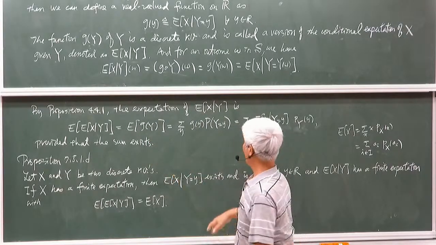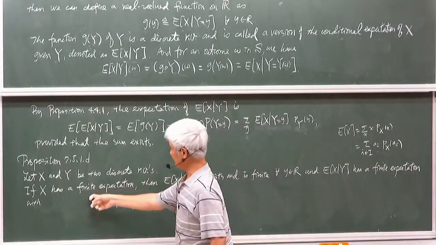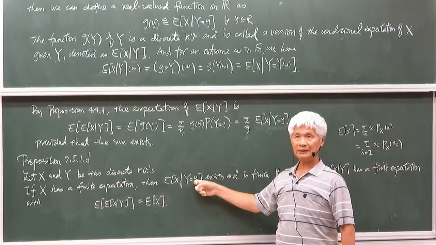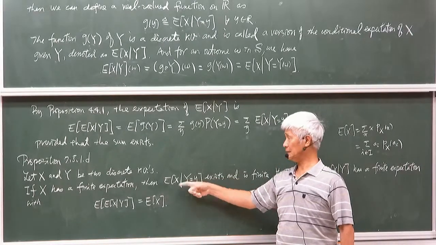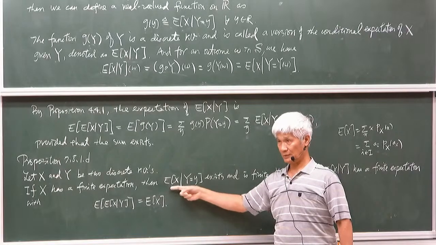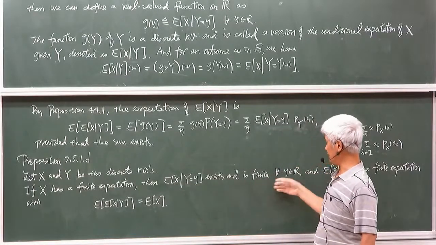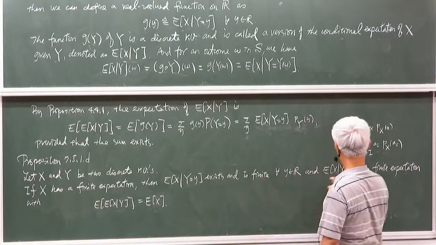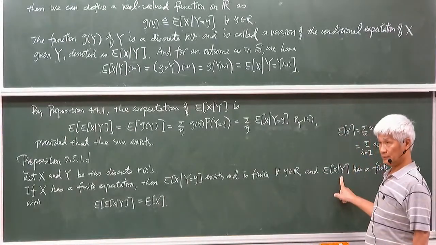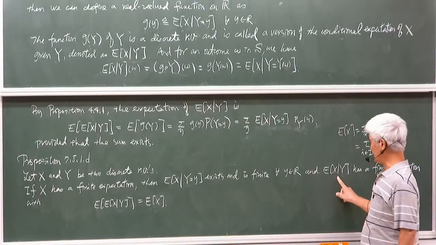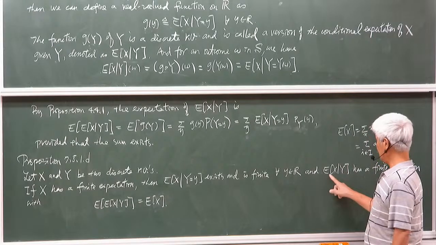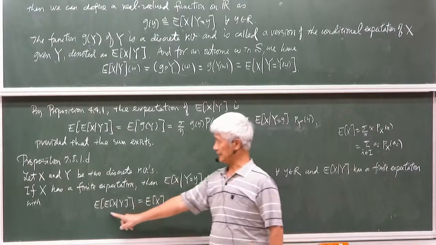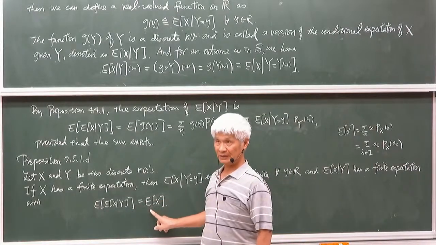So if X has a finite expectation, then for each real number y, this expectation exists and is finite. So g of y is well defined, and this is a discrete random variable. It also guarantees that this random variable has a finite expectation, and its expectation is exactly equal to the expectation of X.